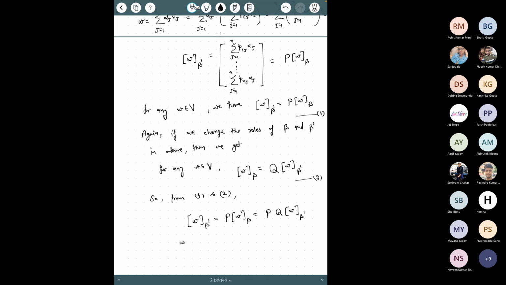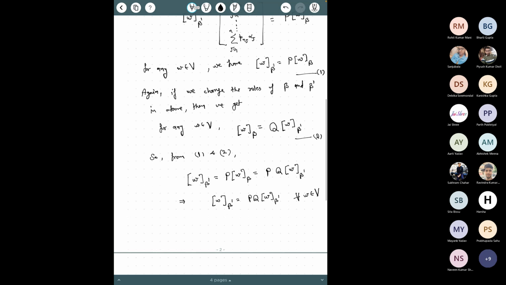So the matrix of W with respect to B dash is equal to P times Q times the matrix of W with respect to B dash. And this is true for all vectors W in V, because we started with any W. So what can you say from here?